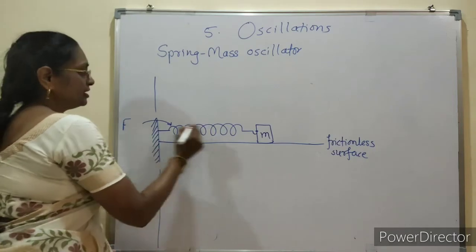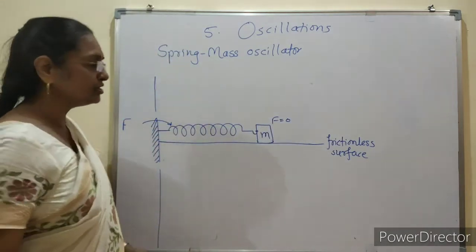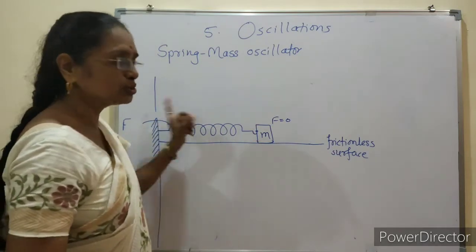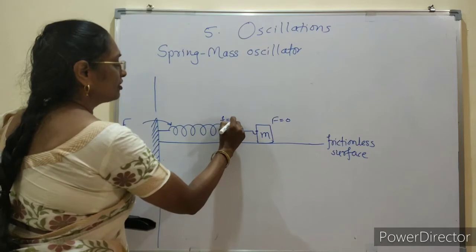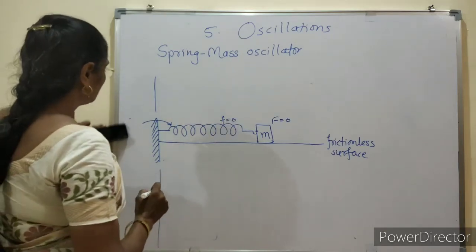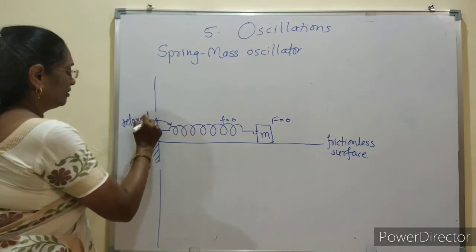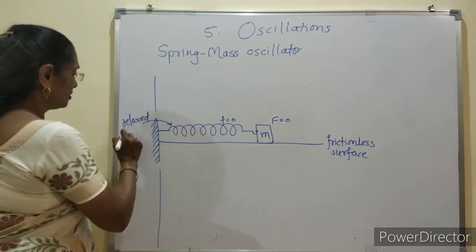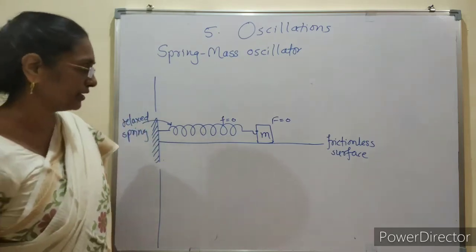Force on the spring is 0. Force exerted by the spring is 0, or applied force is also equal to 0. In this case we can say that the spring is relaxed. It is not under any tension, therefore we say relaxed spring.